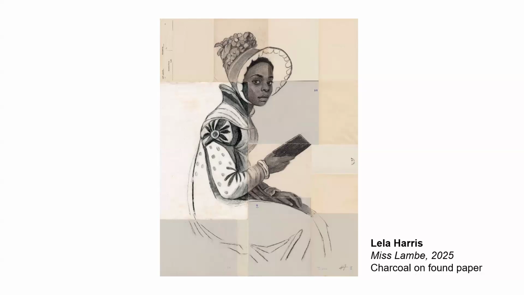We've actually worked with a contemporary visual artist, Layla Harris, as part of this exhibition. She was particularly drawn to Miss Lamb as a character, as well as the fact that her story was untold and unfinished. And she wanted to create a portrait of her using these little fragments of what we know about Miss Lamb from the manuscript.